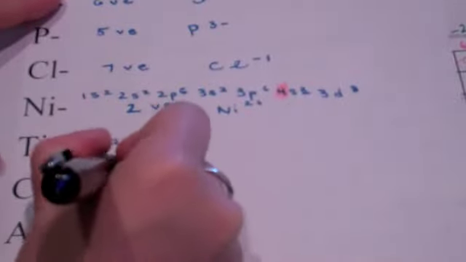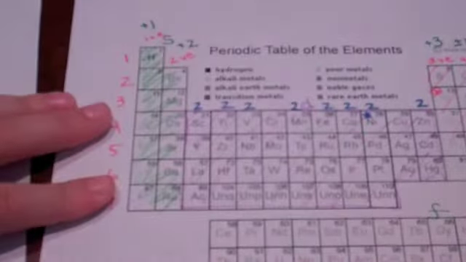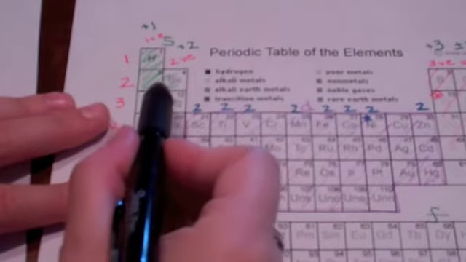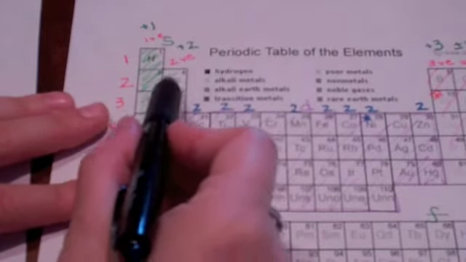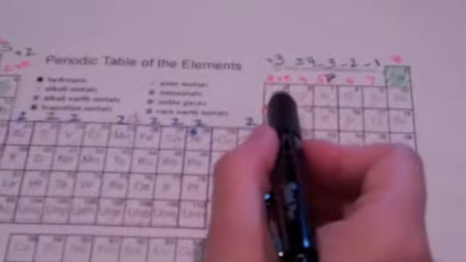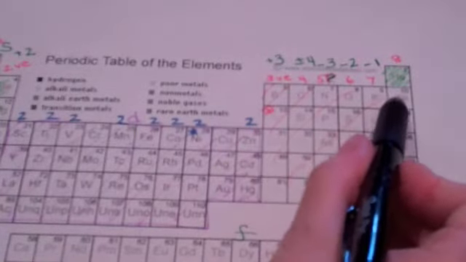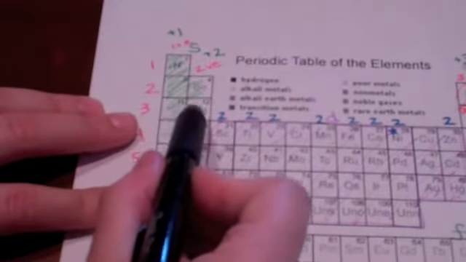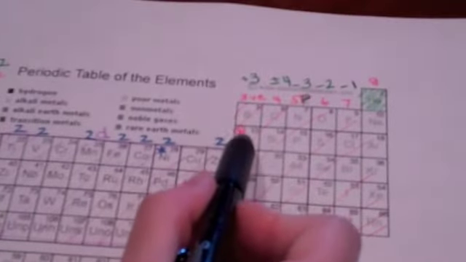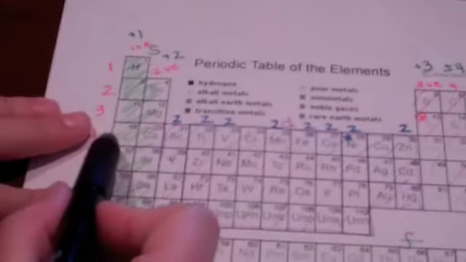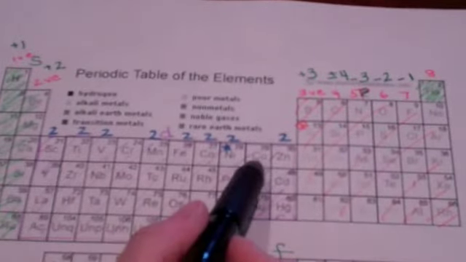Alright, let's look at copper really quickly. If I write out my electron configuration of copper, it would be 1s2, 2s2, because there are 2 electrons in your 2s, 2p6, 3s2, 3p6, 4s2, and then 3d9.